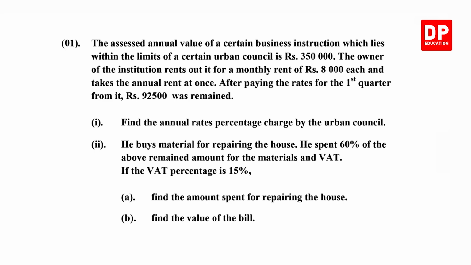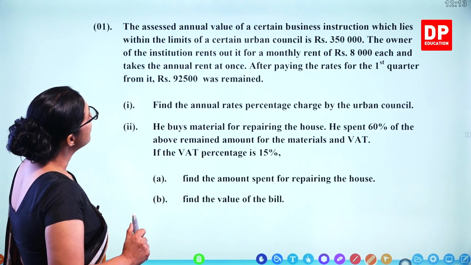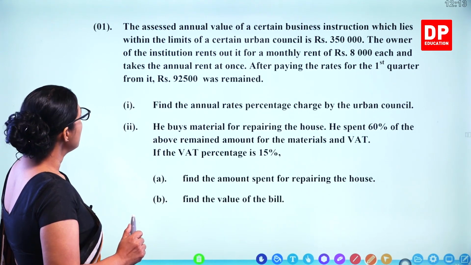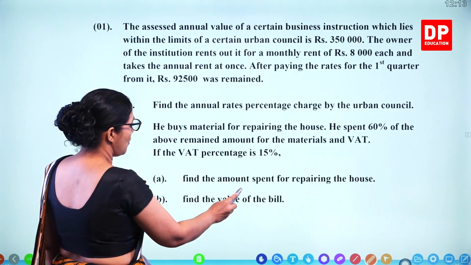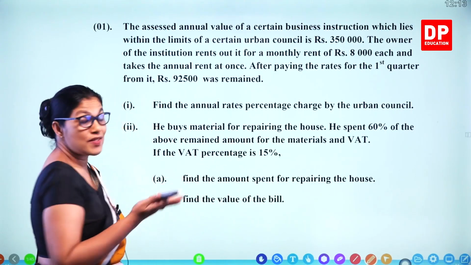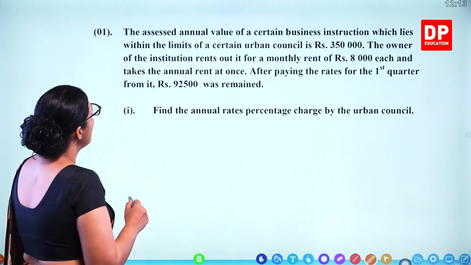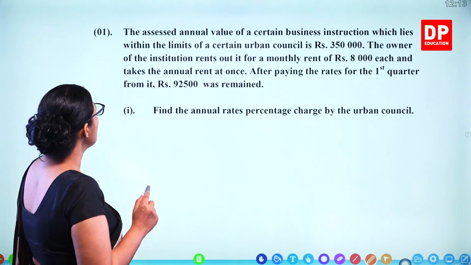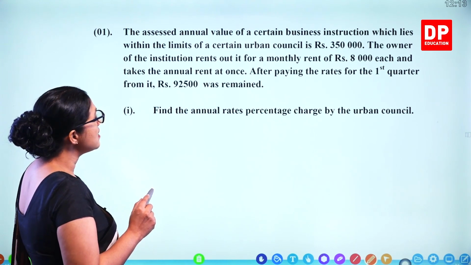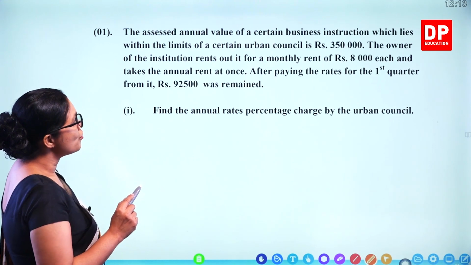Let's do question number 1 in paper 2. This is about rates, and you're asked to find the rates and percentage values. So let's do it separately. The assessed annual value of a certain business institution which lies within the limits of a certain urban council is 350,000 rupees.